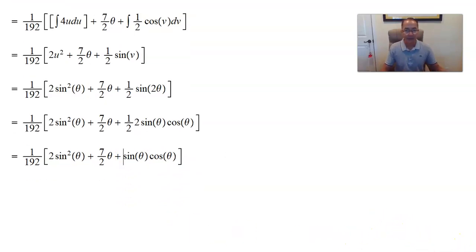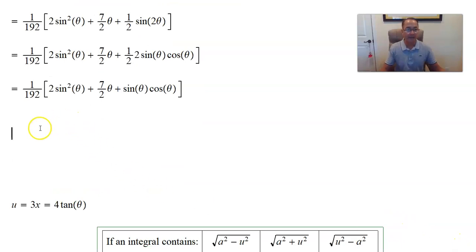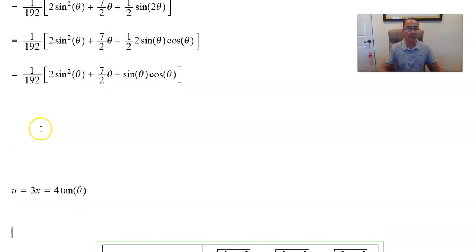So we have this sub, and we are going to use it to go from theta back to x. And again, this is the key equation. So tangent theta is 3x over 4.